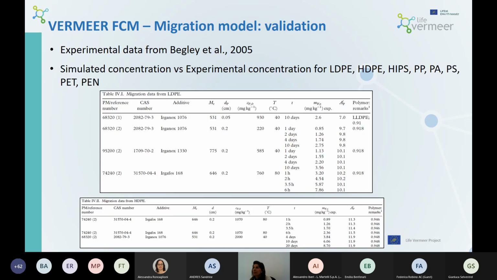So after developing this model, as I explained before, we also did some validation. To do this validation, we used the experimental data that are reported in the Begley et al. paper of 2005. What we did is plot the simulated concentration that we modeled with our migration model against the experimental concentration for different types of polymers.